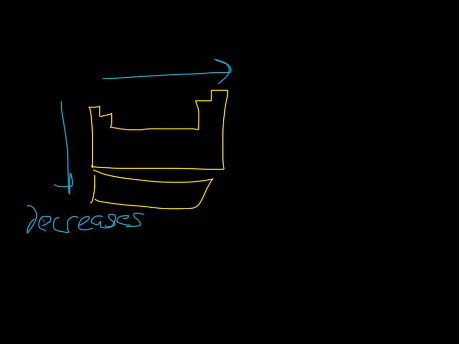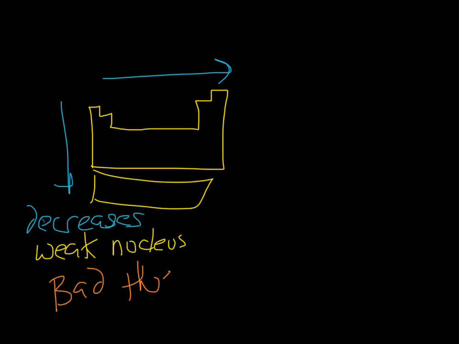Why? Weak nucleus. Right? So these guys down here are going to be bad thieves. Put the F and the S in the wrong place. Are going to be bad thieves. Okay?